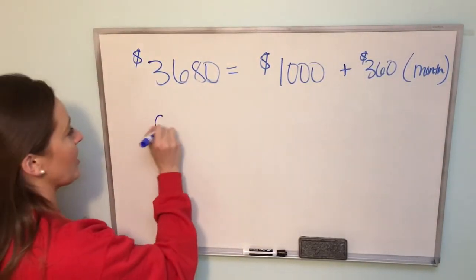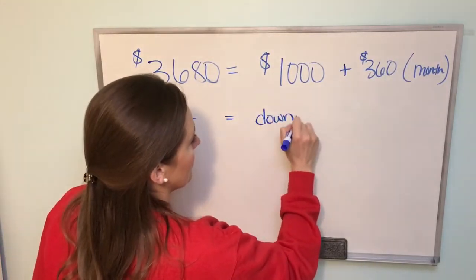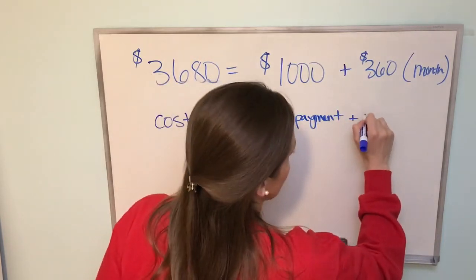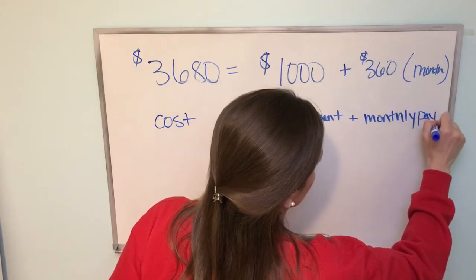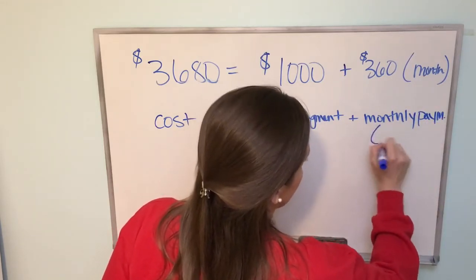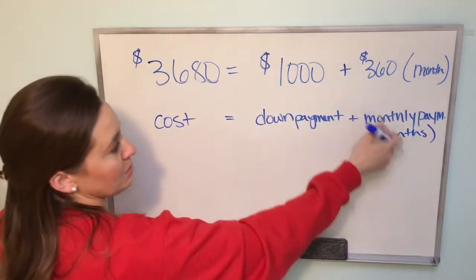Okay, they're saying, all right, the cost of leasing the car is equal to the down payment plus the monthly payment times the number of months you own the car. So we're multiplying these two.